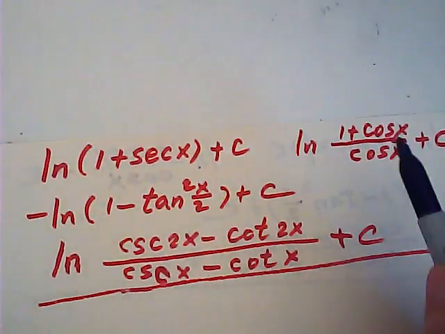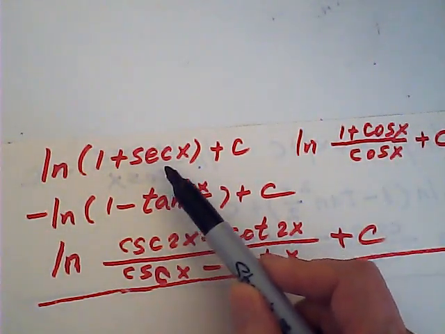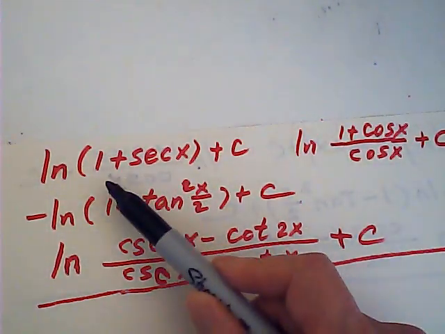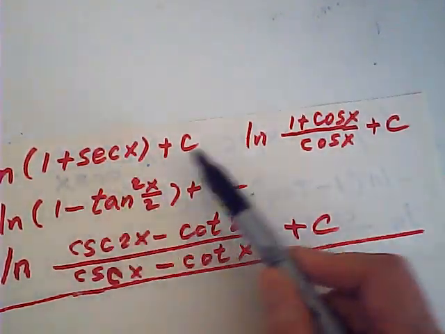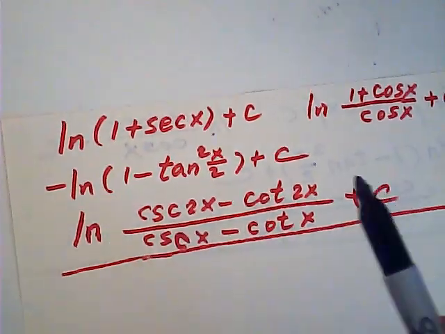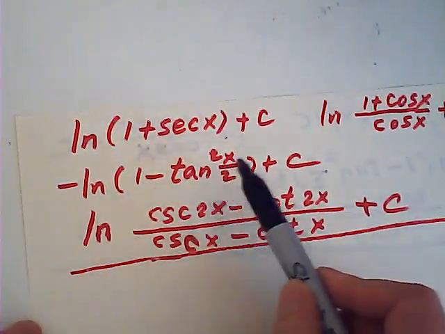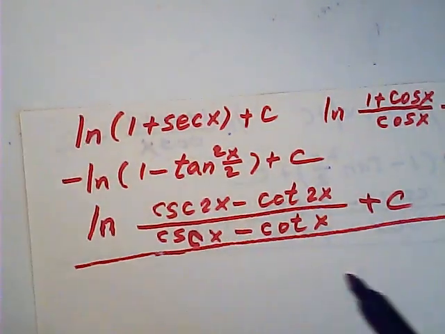These two are easier. Now 1 over cosine is secant. Cosine over cosine is 1. Therefore these two are equal. No difference. Now let me do this one first. I want to verify this one is equivalent to this one or that one.